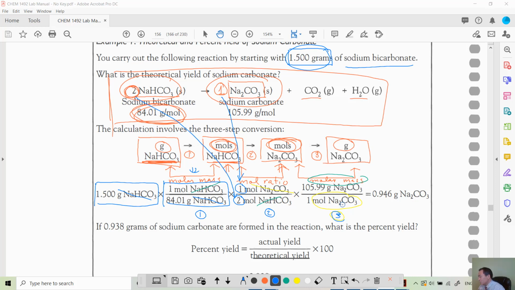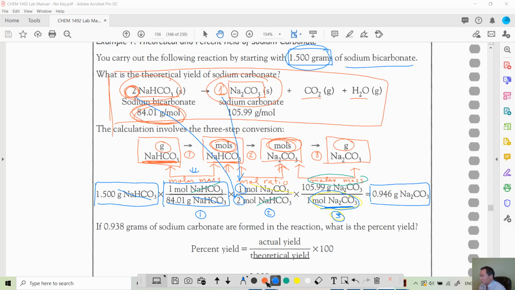Step number 3, we're going to use moles of sodium carbonate as the denominator, so they cancel out. After 3 steps, we are able to calculate the theoretical yield, or the maximum that can theoretically be generated in this reaction.